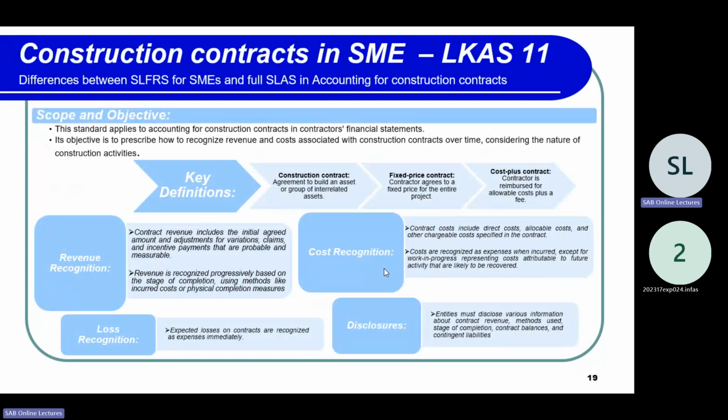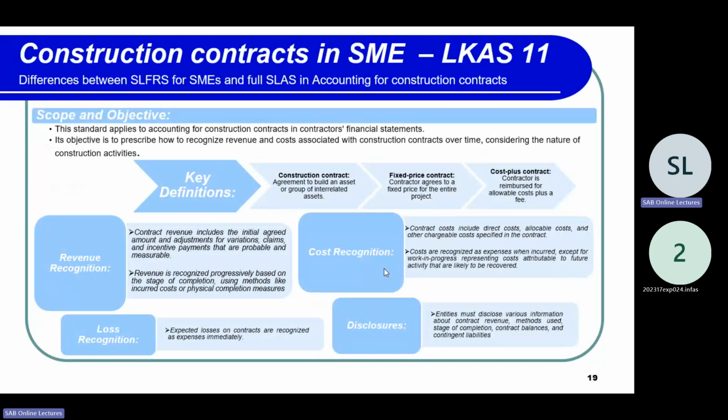Its objective is how to recognize the revenue and cost associated with the construction over time, considering the nature of the construction. A construction contract is an agreement to build an asset or a group of related assets, and a fixed price contract means the contract agrees a fixed price for the entire project.